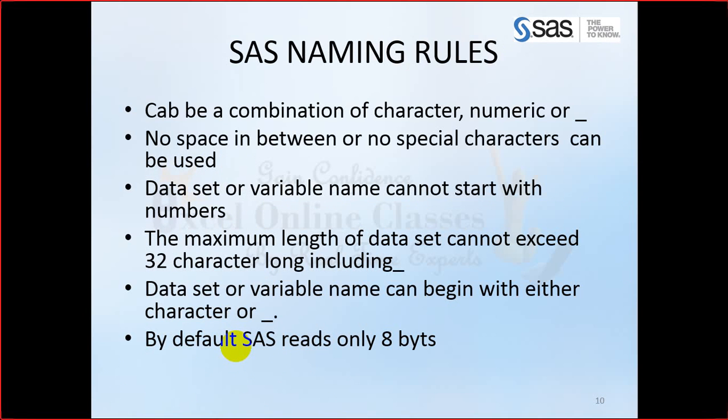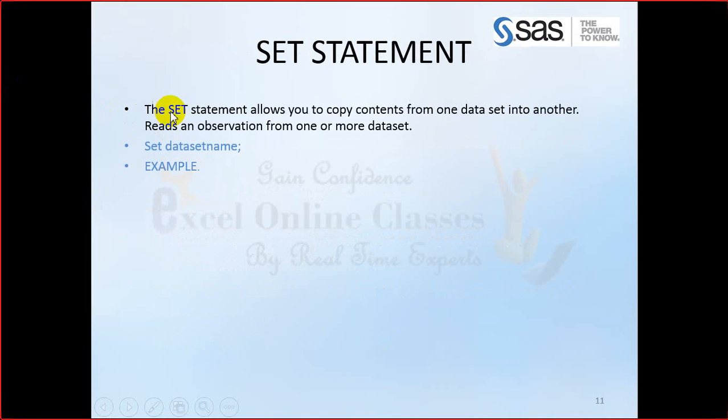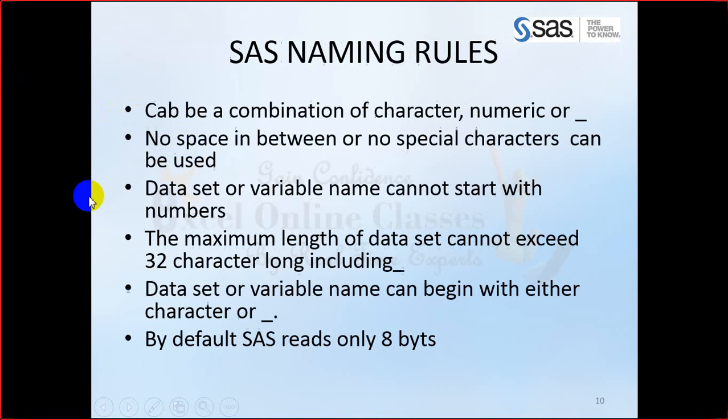Now, SAS naming rules. I have given patient, I have given clinic, but I can't give any name. So I need to follow some rules. It can be a combination of characters, numbers or underscore.